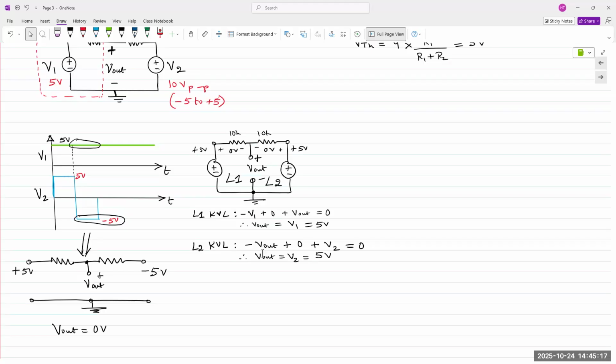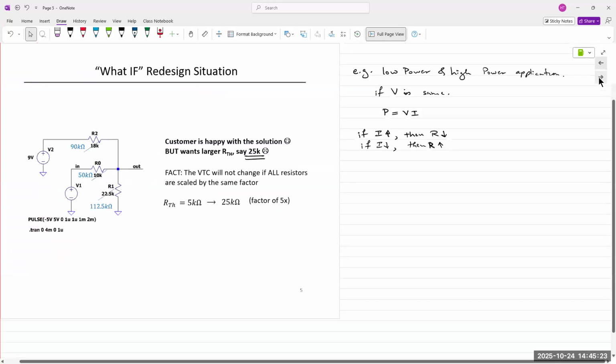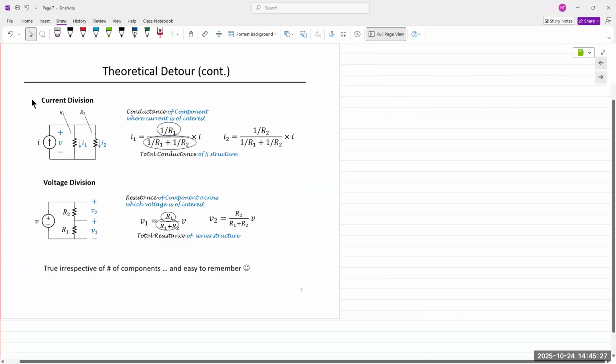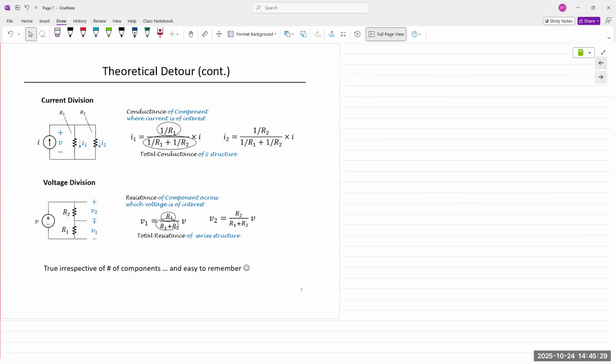All right. We have 15 minutes. So let's move on. Talk a little bit about current and voltage division. Okay. So we covered current division and conductances.